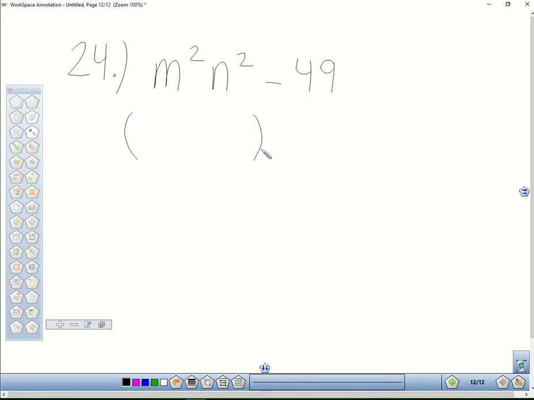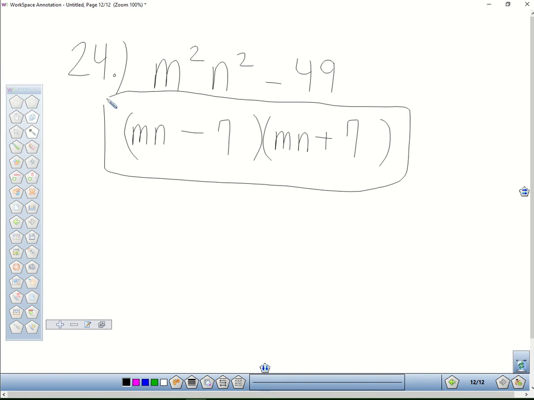So I rewrite it as plus minus minus plus, and I'm going to take the square root of this term and the square root of this term. So when you take the square root of variables, if those variables are to an even power, you just divide the powers by 2. So what is the m squared going to become? And the n squared? Yep. mn, and then what is the square root of 49? 7, and that would be your final answer.